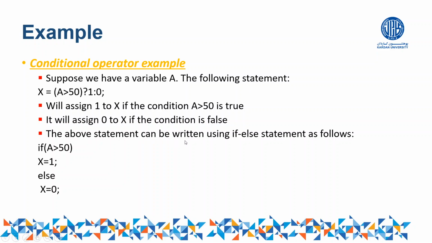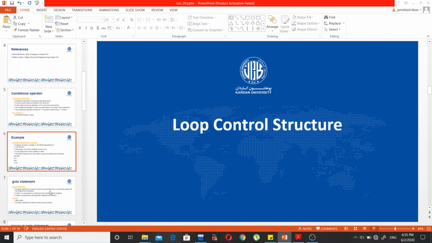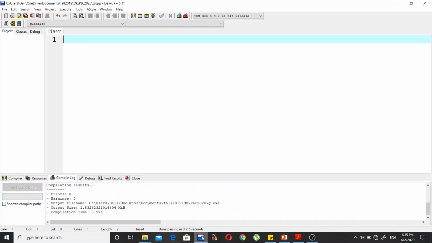The above statement can be written using an if else statement as follows. If a greater than 50, put 1 in x. Otherwise, if this condition is false, then the control will transfer to the else part and x equals 0 will be executed. Let's try to write this in Dev C++ and see the result.